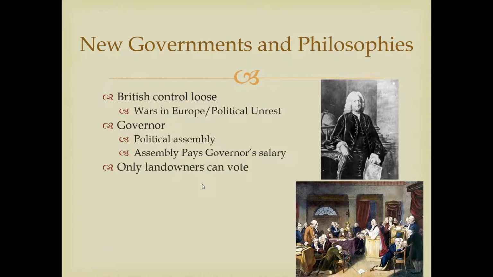Another key difference between Europe and the colonies that causes a lot of change is that only landowners are allowed to vote, for things like political assemblies, or to be represented in government.